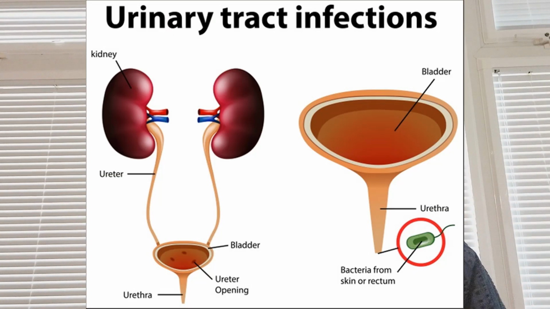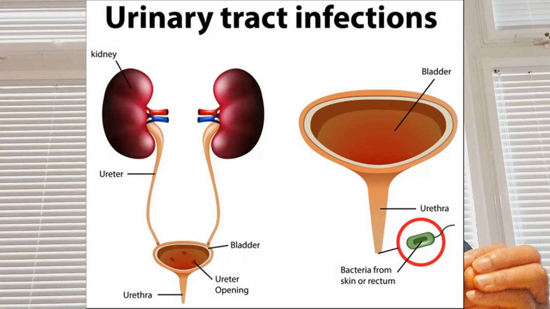When your kidneys get infected, the symptoms can include back or side pain, that is, pain just under your rib cage. It can also include chills and fever, shaking, nausea and vomiting, or a very high or a very low temperature.